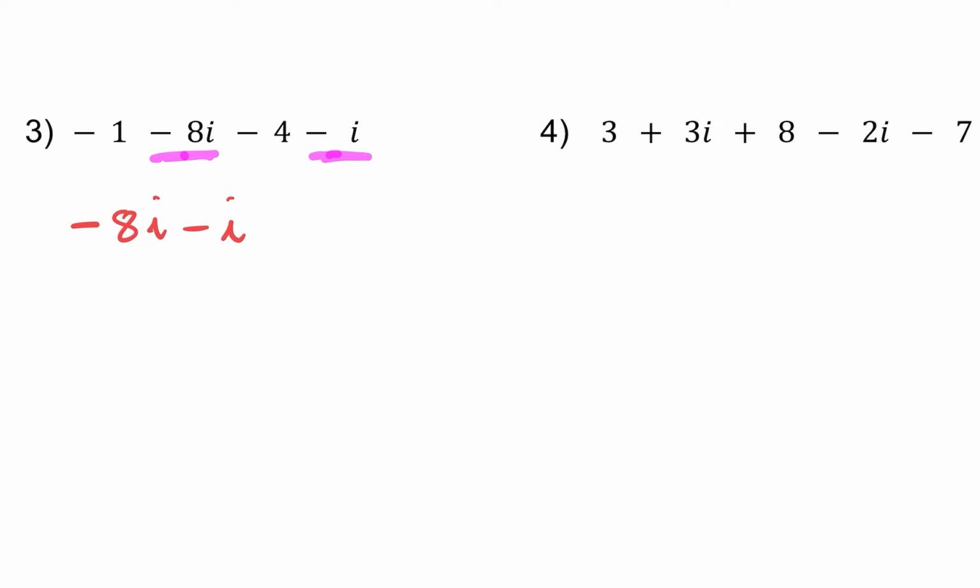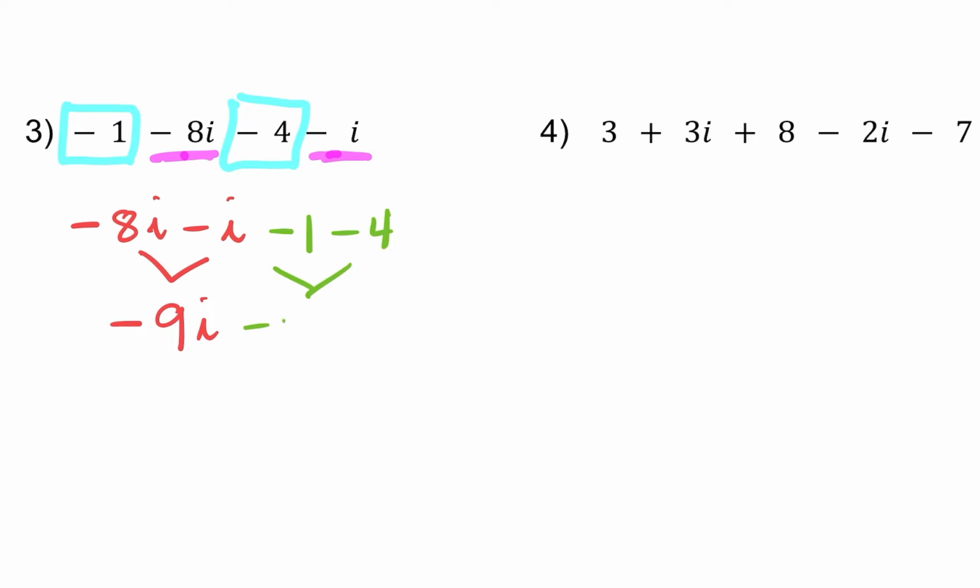And then the other set of numbers that we have is negative 1 and negative 4. So we could place negative 1 minus 4 and then we simplify. So this will give us negative 9i and the constants would be equal to negative 5. So we can't combine negative 9i with negative 5 because they are unlike terms. So this will be our final answer.